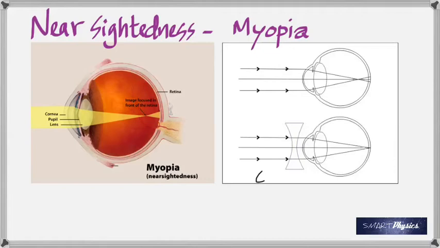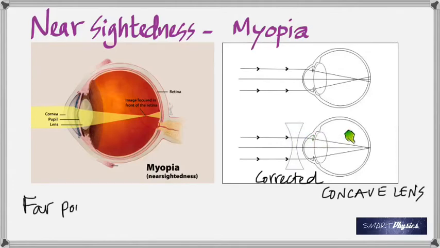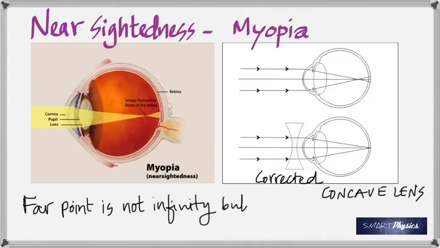Diverge, correct? So what type of lens would you use? A concave lens. And that shouldn't be a problem for you to understand at all. Now together, the concave lens and your eye lens together will be able to return the focal point back to the retina. Easy. So short sight is corrected using a concave lens.